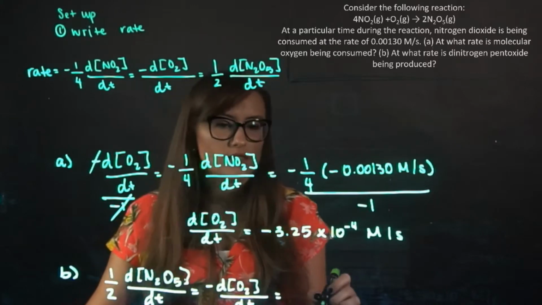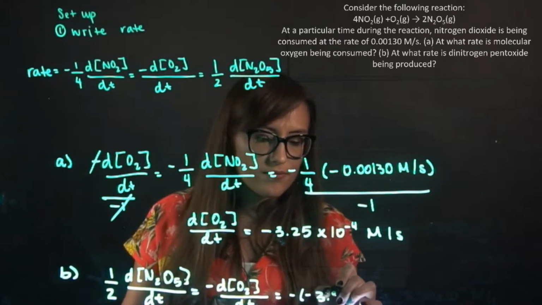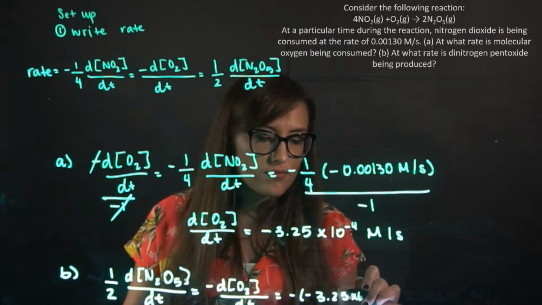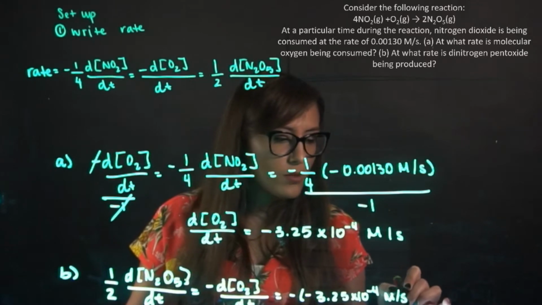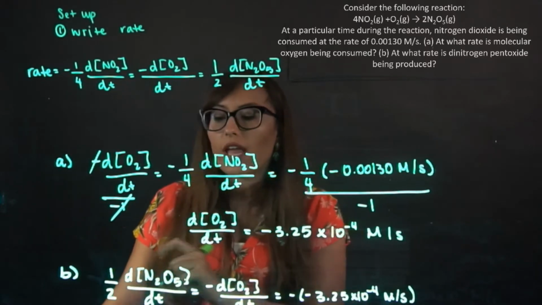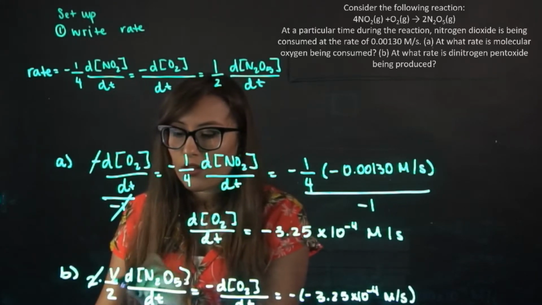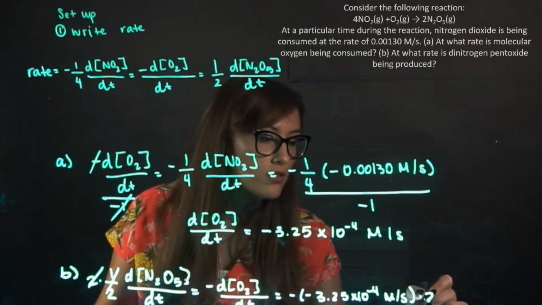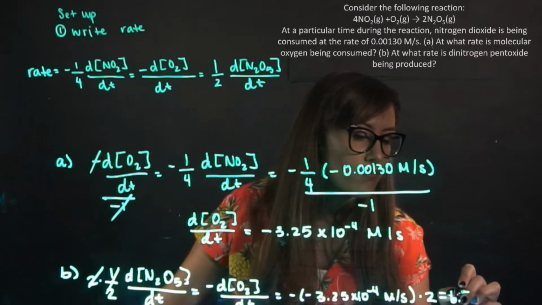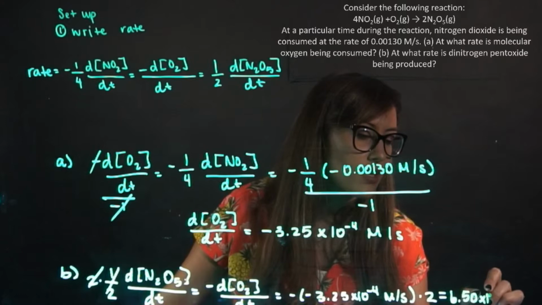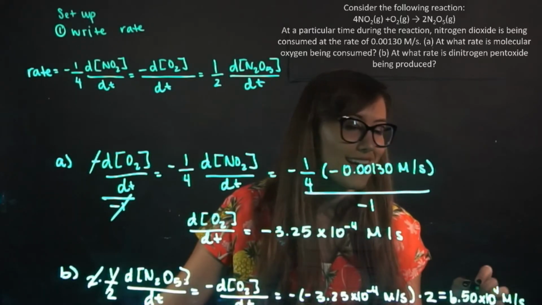Well, we know the rate of consumption of oxygen, so we plug it in. Molarity per second. We have to multiply each side by 2 in order to get rid of the 1/2 over here. And we get this is equal to 6.50 times 10 to the 4th molarity per second.